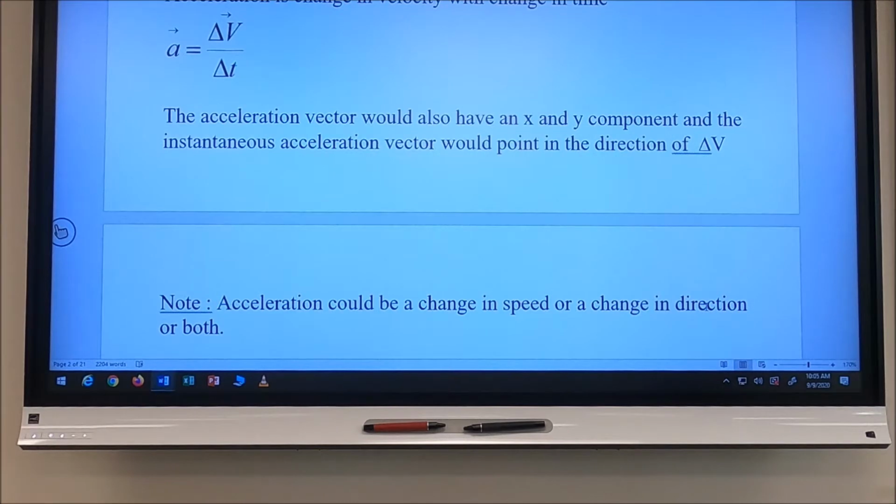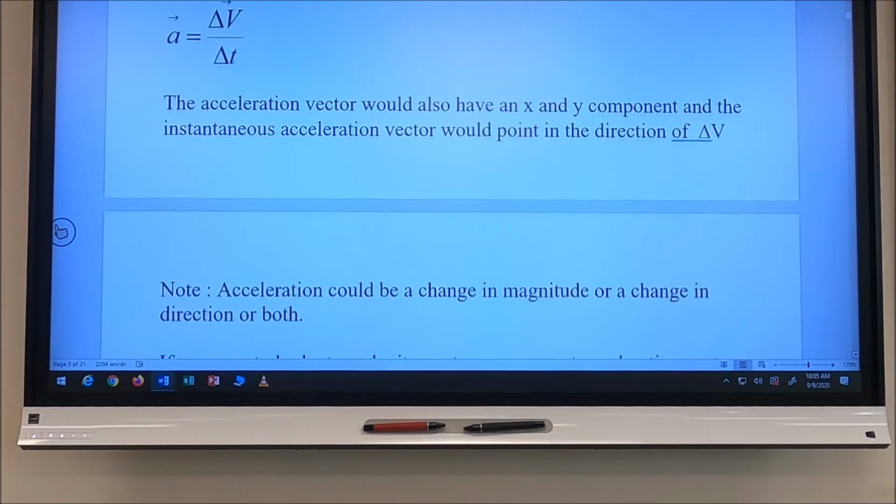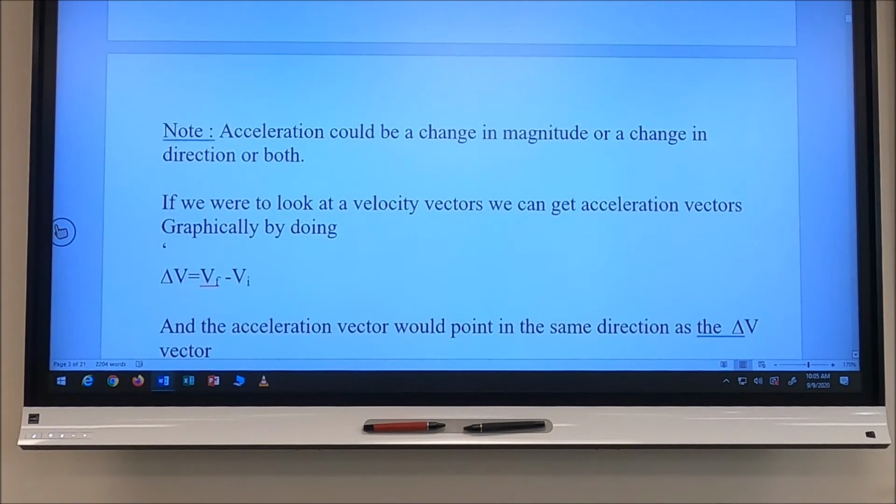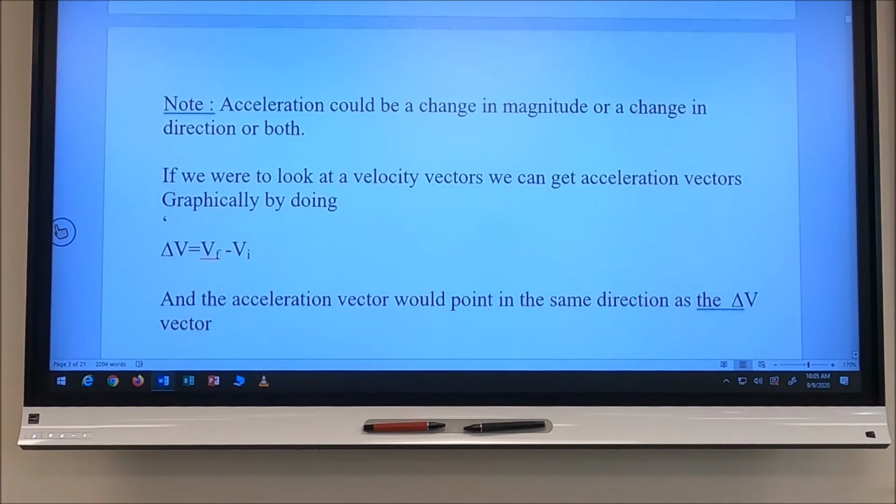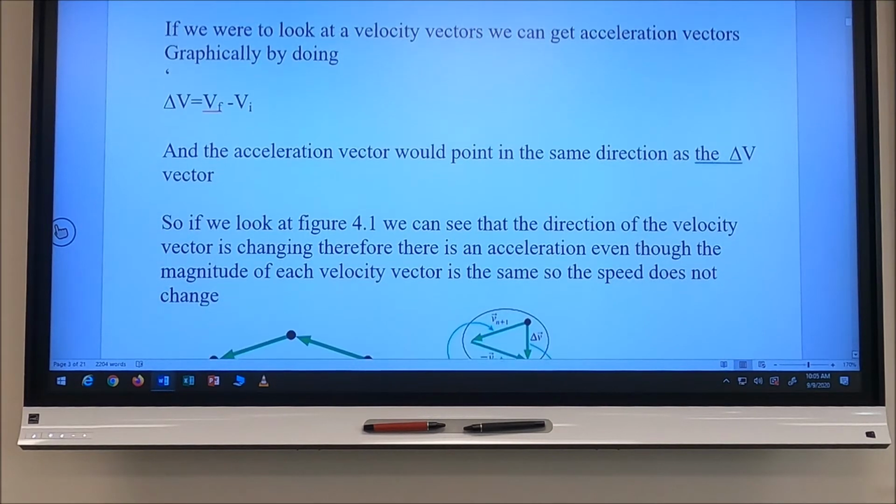Acceleration can be changing in magnitude and changing in direction, or both. Just like velocity could be changing in magnitude or direction, or both.